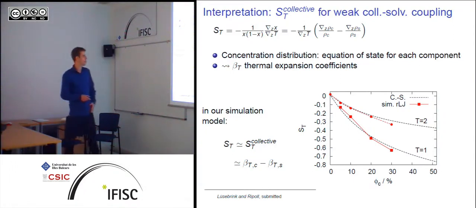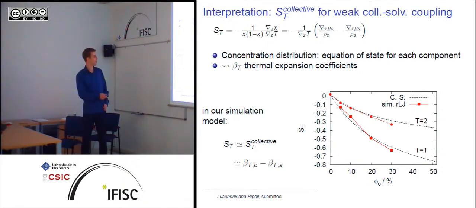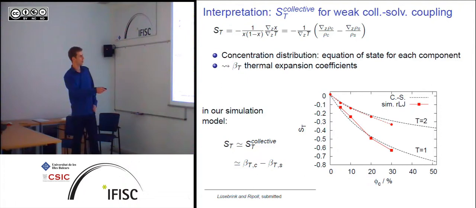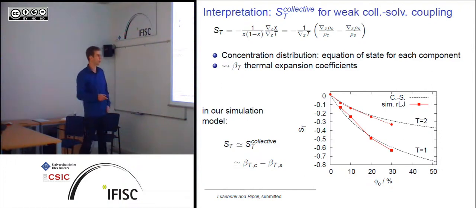And the thermal expansion coefficient for the solvent, which is that of an ideal gas, is well known, and also for the colloids, we use the hard sphere equation of state to compute this thermal expansion coefficient. And here, what you see with these black lines is the difference of the two thermal expansion coefficients together with the simulation results.